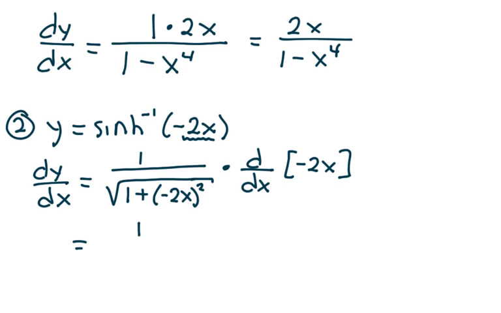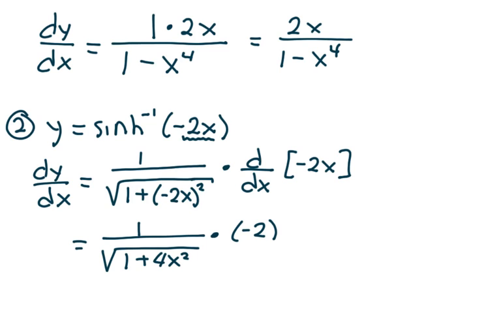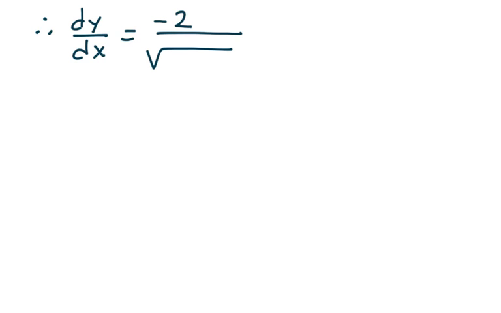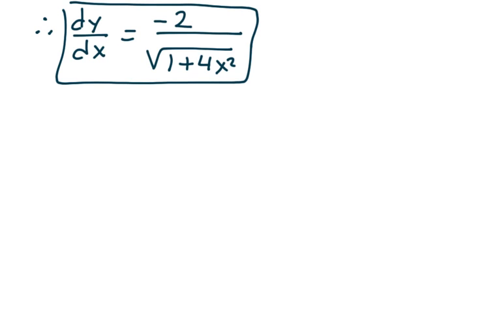And so this is 1 over the square root of 1 plus 4x squared times negative 2. Therefore, dy/dx is negative 2 over the square root of 1 plus 4x squared. And that's the answer to example 2.